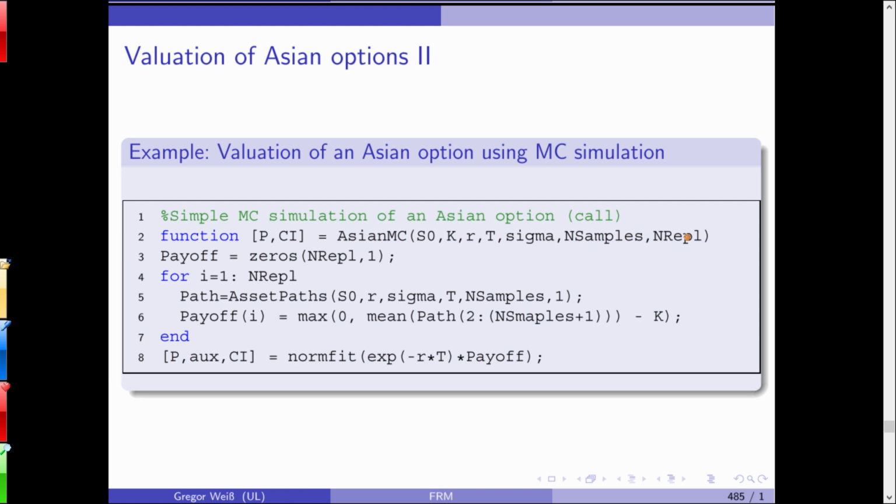The only difference to the case before is that in line 6, you take the maximum of 0 and the mean of the paths minus K, and again you discount those payouts, you fit a normal distribution to it, and you get the average price and the confidence interval.